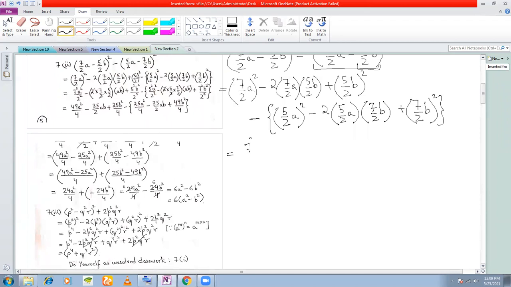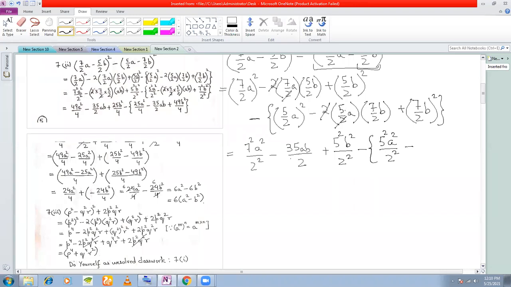This becomes 7²a² by 2². Here the 2 will cancel, so this becomes 35ab by 2, and here 5²b² by 2², minus, in curly brackets, 5²a² by 2².